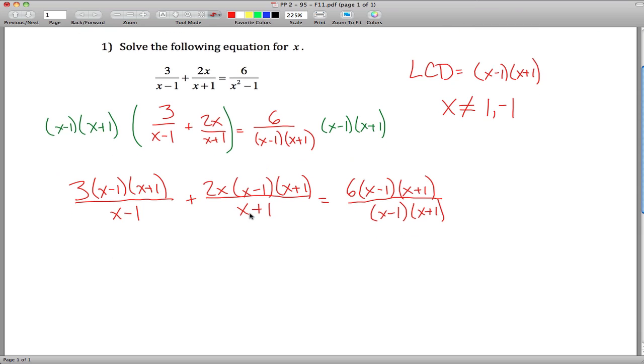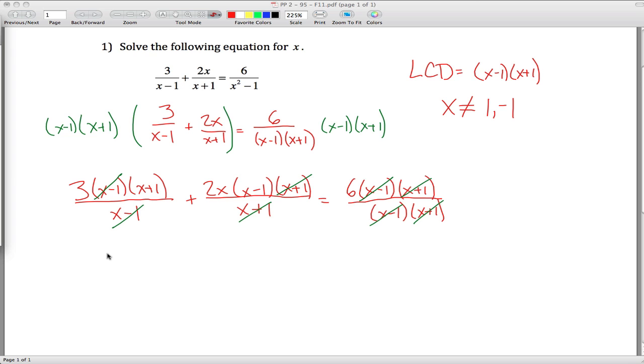When you get a little bit better at these, you might not distribute these all through, you might just cancel immediately, but I figured it was worth writing it all through so you can see what's going on since we're still relatively new at these. Let's see, in this term you got an x minus 1 on the top and an x minus 1 on the bottom. In this term you got an x plus 1 up top and x plus 1 on the bottom. And in this term you got both.